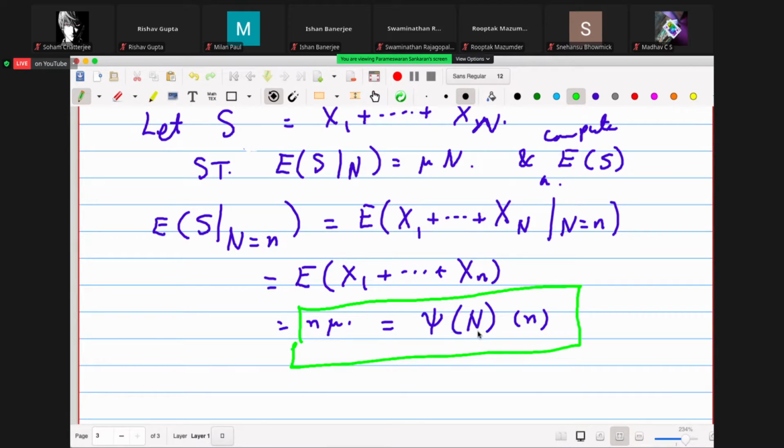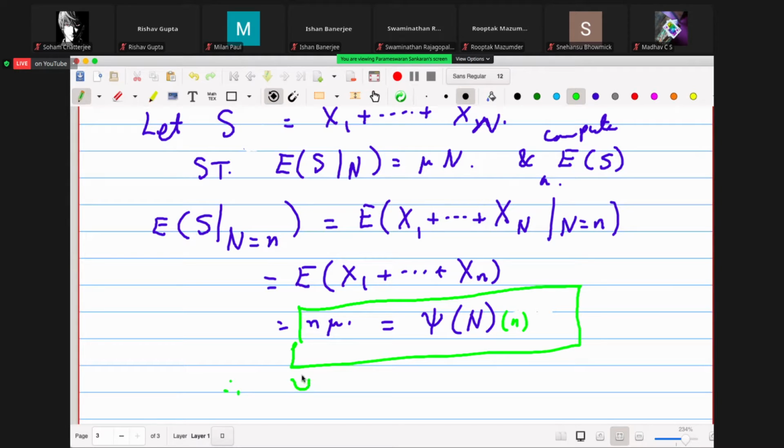So psi is some function, some random variable, whose value at n is, when you plug in n, you get n mu.